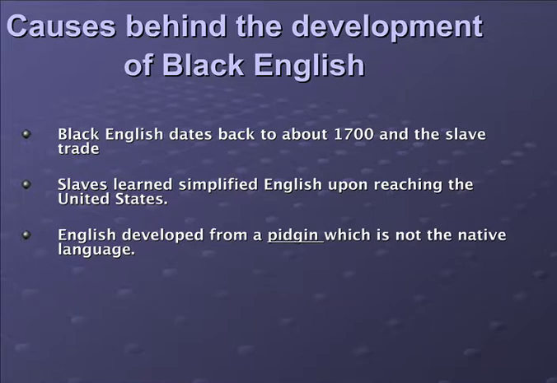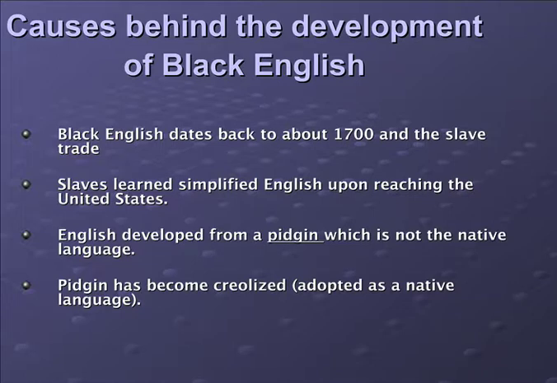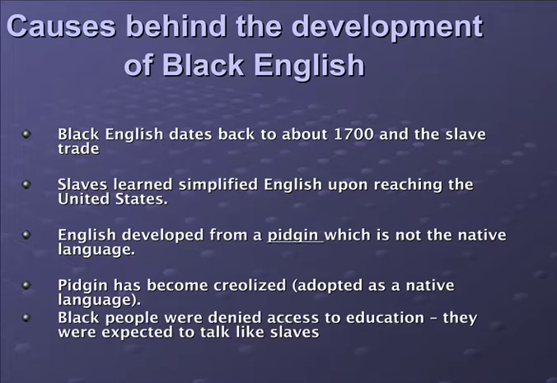Their English developed from a form of Pidgin, which is not the native language, and this Pidgin has become creolized, adapted as a native language. Black people were denied access to education. They were expected to talk like slaves, and it was because of their social segregation that their language developed similarly but nevertheless differently, and you can see that even today in Black English vernacular usage.